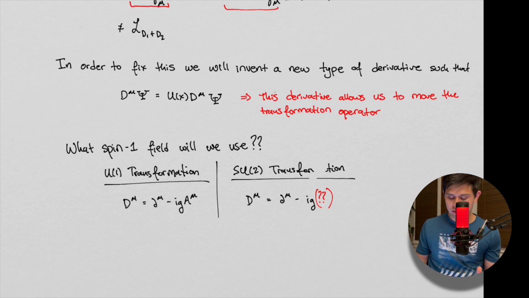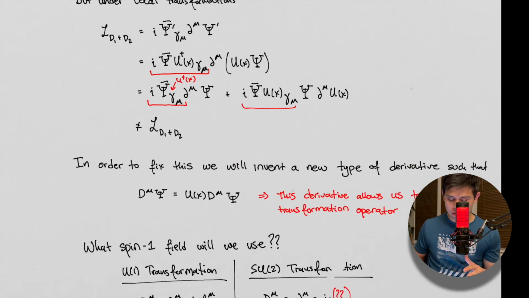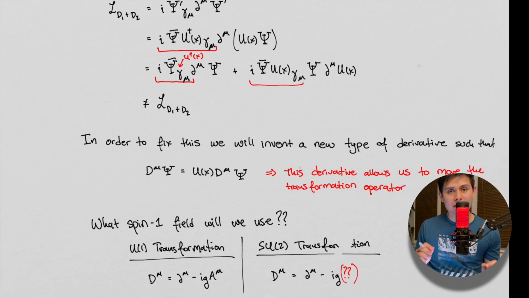In order to fix this, we're going to invent a new type of derivative with this property. We want to be able to move that unitary operator across the derivative in all cases so that we can reattain the symmetry here. Because that's the problem child, right?